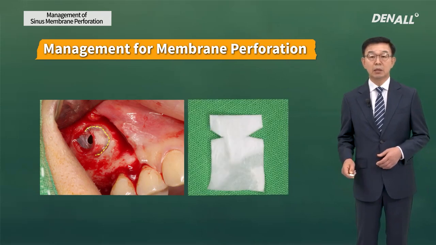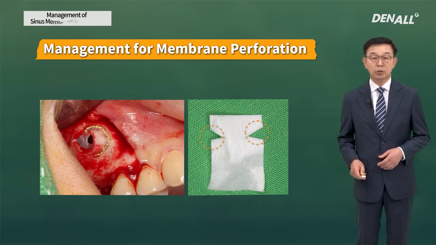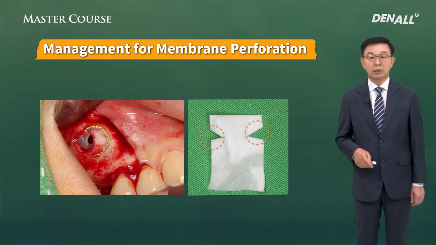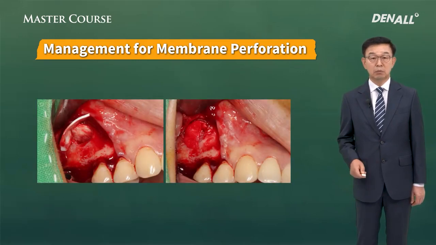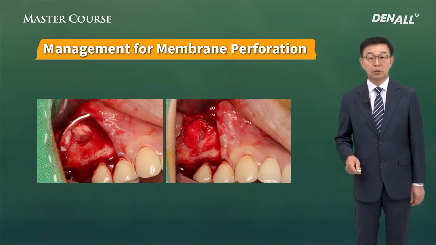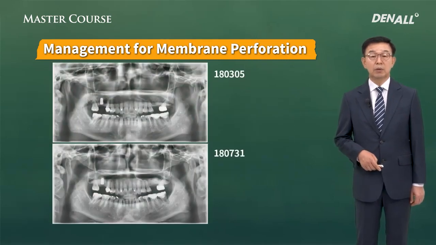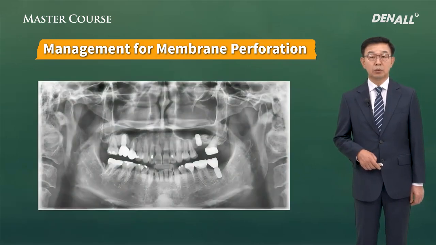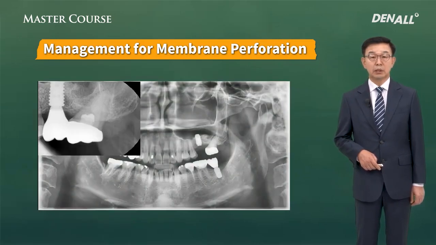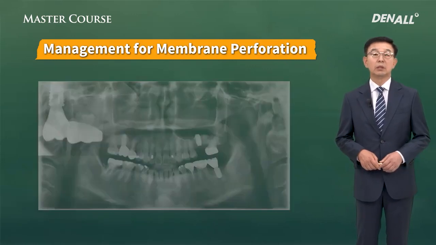If you do lateral cutting of the resorbable membrane, it will be positioned more safely in the lateral wall of the sinus, and membrane can be repaired more safely. As shown, the membrane is positioned, bone graft is done, and implant has been placed at the same time. After surgery and prosthesis delivery, you can see that this is well maintained.